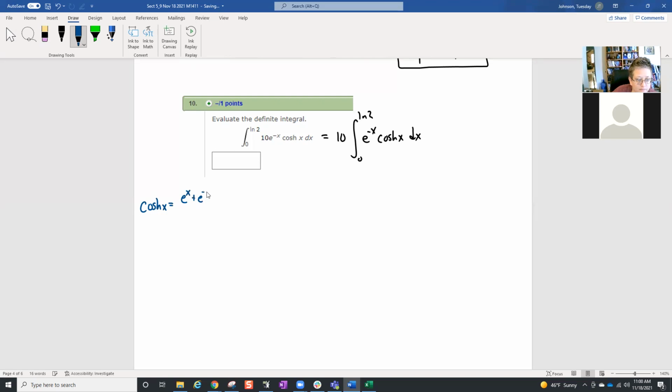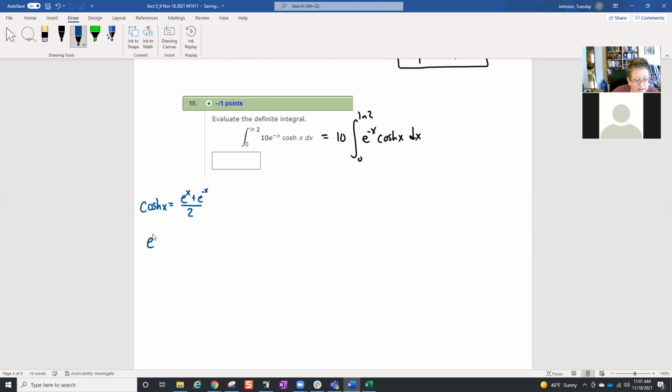Hyperbolic cosine in its basic form is e to the x plus e to the negative x over 2. And my hint for that is the fact that I have an e to the negative x here. Like, okay, if this is going to be exponential, let's rewrite using an identity. We do that all the time. Let's rewrite hyperbolic cosine in terms of e to the x's.